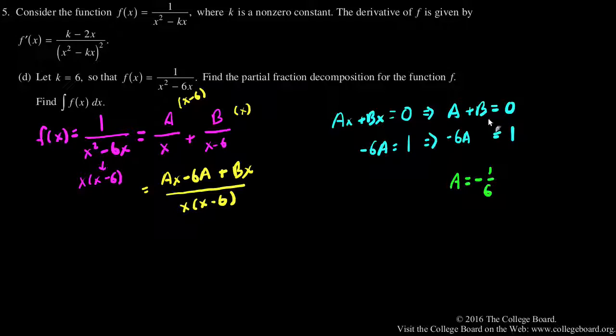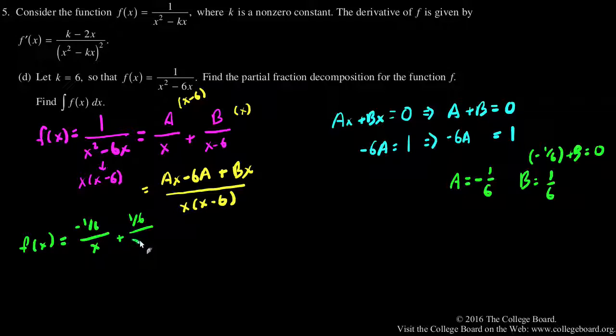And then over here, if a is negative 1/6 and a plus b equals 0, I have negative 1/6 plus b equals 0. b will equal positive 1/6, which means that f of x equals negative 1/6 over x plus 1/6 over x minus 6. That's the partial fractions.